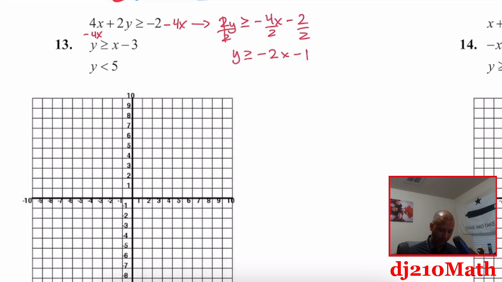So here the y, so solid line, y-intercept is negative 1. And slope is down 2, right 1. Down 2, right 1.